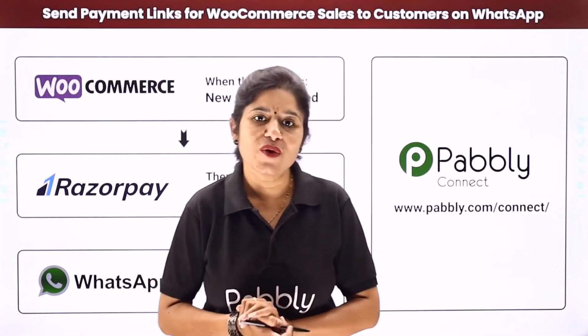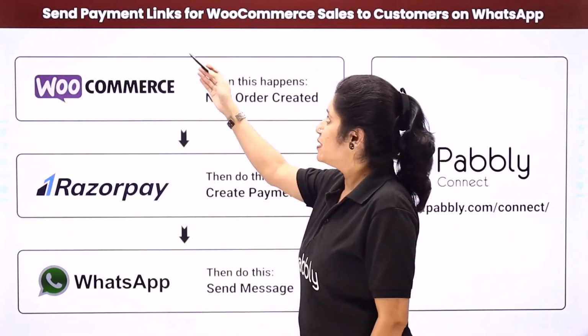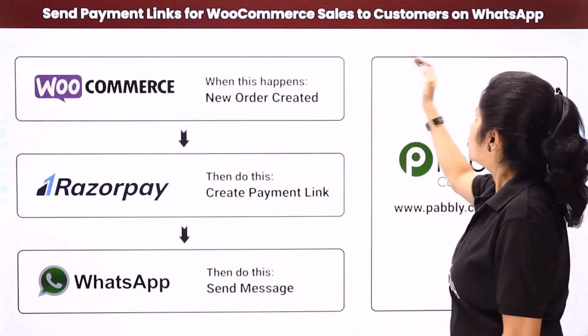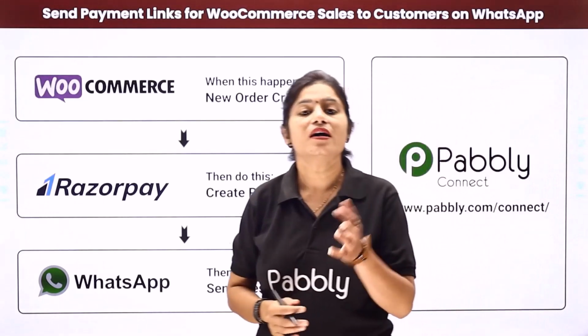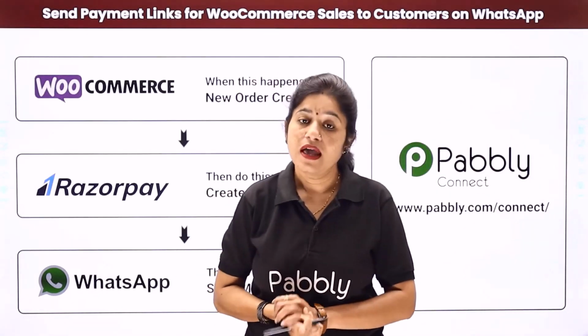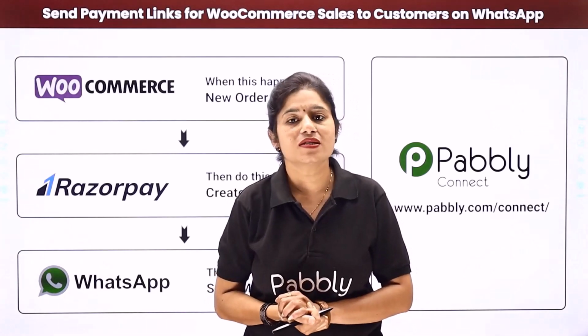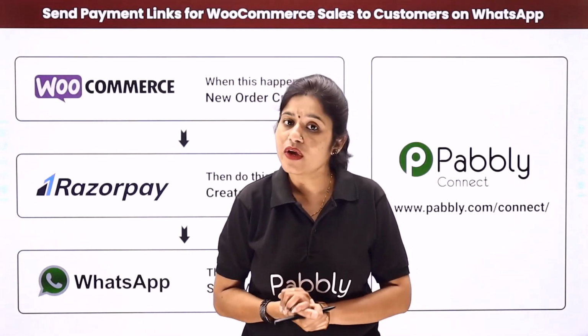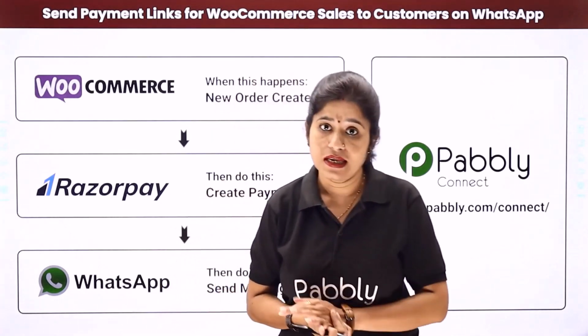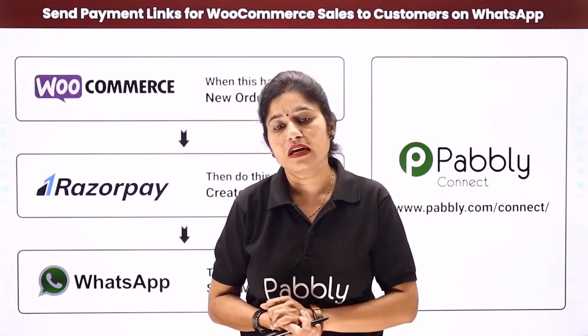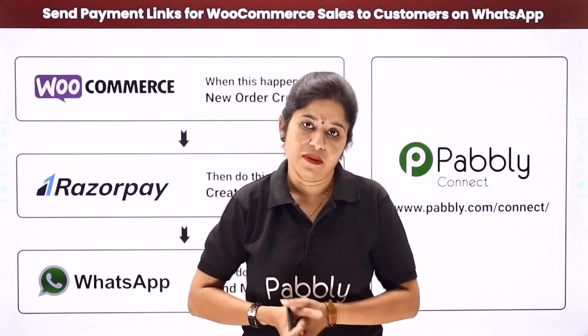In this video we are going to learn how you can send payment links for WooCommerce sales to customers on WhatsApp. So let's take an example that you are an e-commerce store owner and you are selling some products and services digitally. Now whenever you receive an order in your e-commerce store, you need to generate a payment link and you need to share that payment link with your customers to collect the payments.